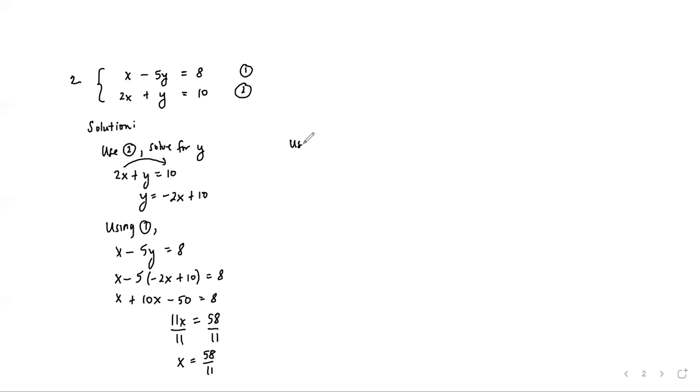So let's use equation 2. We have 2x plus y equals 10. Since we know that x is equal to 58 over 11, we replace x by 58 over 11, and then we have plus y equals 10.